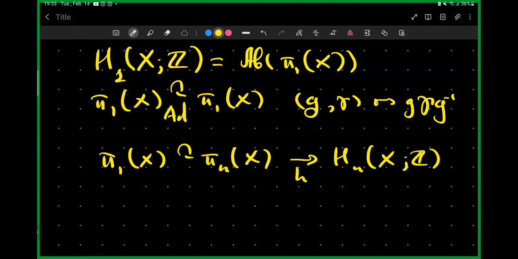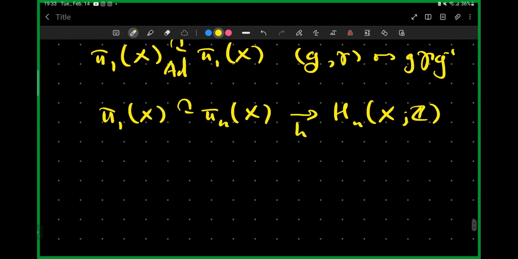However, wait a moment. Maybe I'm incredibly wrong here, but I thought that there is in general no good way to define the action of the fundamental group on higher homology, but maybe that's not true, and we can actually think of some construction. So maybe there is a way to do this.